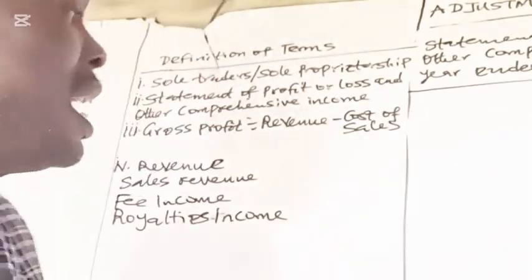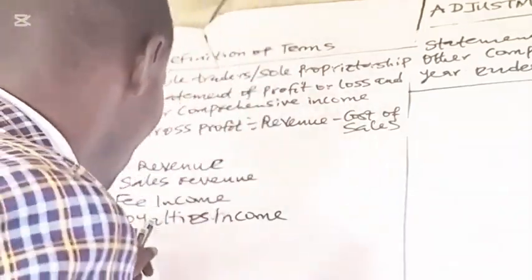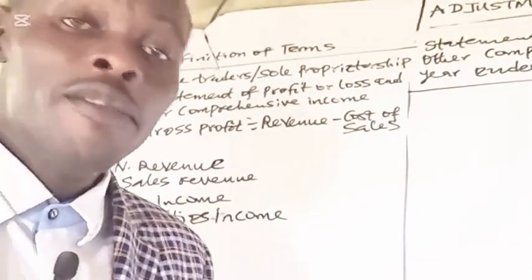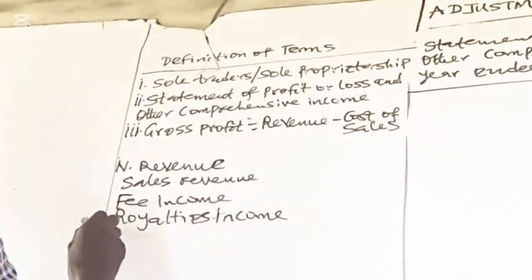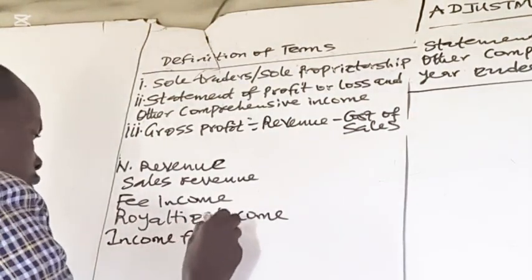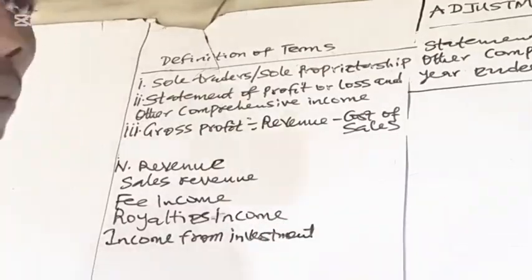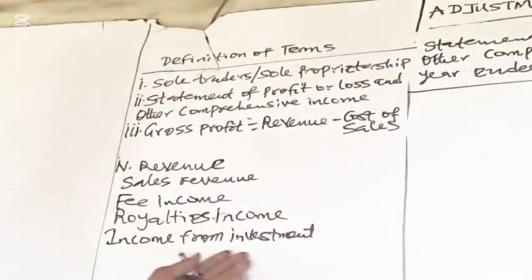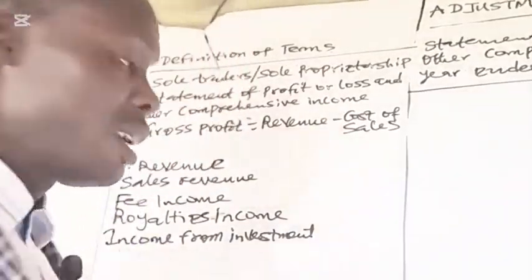The person will be paying a remuneration to you. That remuneration payable to you is a revenue to you. That is royalty income. Then income from investment. If the principal activity of the business is investment, such as an investment company, the income they receive from their investment is a revenue to them.